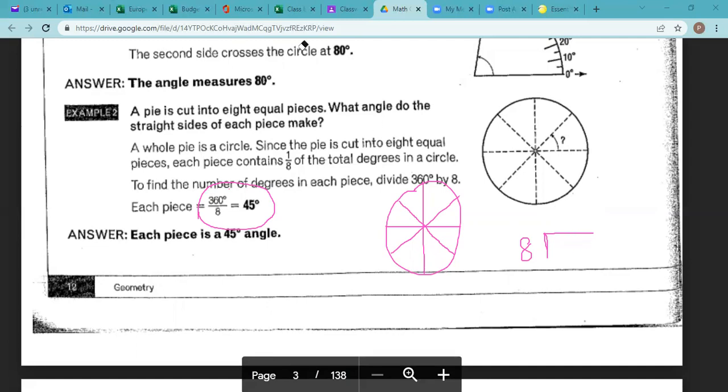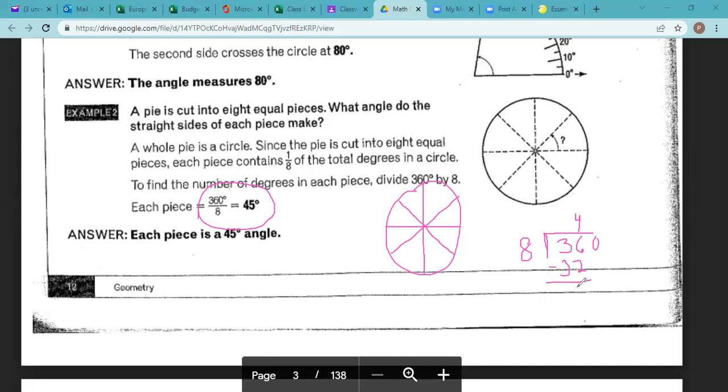All right. You're going to take 8 divided into 360. That's why it wasn't working. All right. 8 cannot go into 3. 8 can go into 36 4 times though. So 8 times 4 is 32. So you bring that down here. Now you're going to take your whole 36 and take away what you already figured.